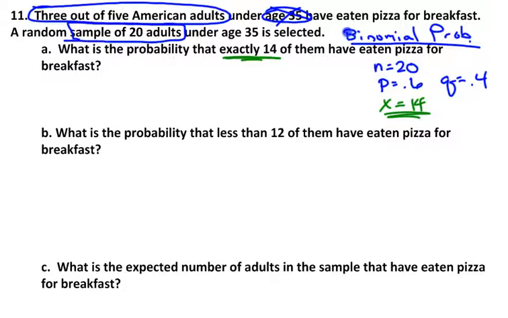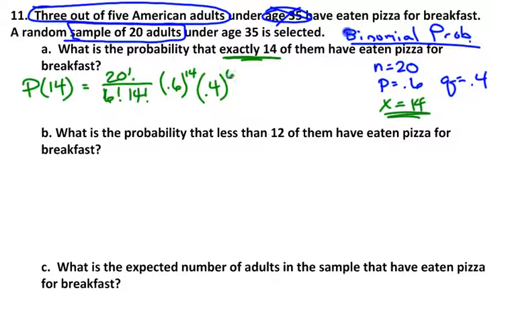So a couple of things. First off, we could do this by hand and say the probability of 14 is equal to n factorial, which would be 20 factorial, over 20 minus 14, which is 6 factorial, and then 14 factorial, all times 0.6 to the 14th and 0.4 to the 6th. Now we could work all that out.